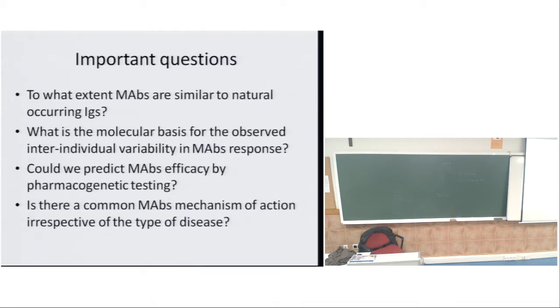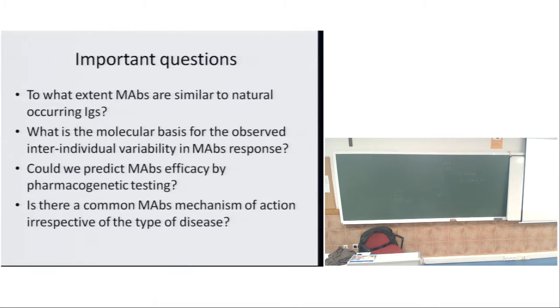Why? Because these treatments are very expensive. These treatments are chronic, so it costs a lot of money for the national healthcare system. So it's good to know if the patient is going to be a good candidate and will respond to the drug.